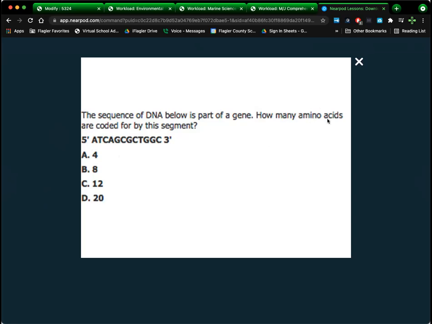To figure this out, one amino acid is from one codon. And from our previous slide, one codon is 3 nucleotides, so 3 letters. So every 3 letters is one amino acid. So you've got 1, 2, 3, 4. So your answer is 4.